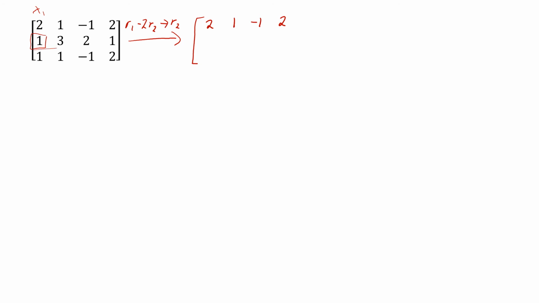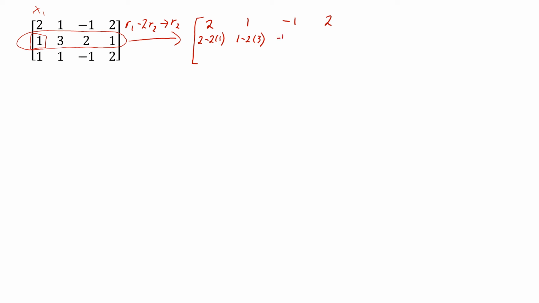Now for my row 2, this is what I'm changing. I'm going to say take row 2 minus twice row 1. So it's going to be 2 minus 2 times row 1, 2 times 1. My second number is 1 minus twice what's in row 1.